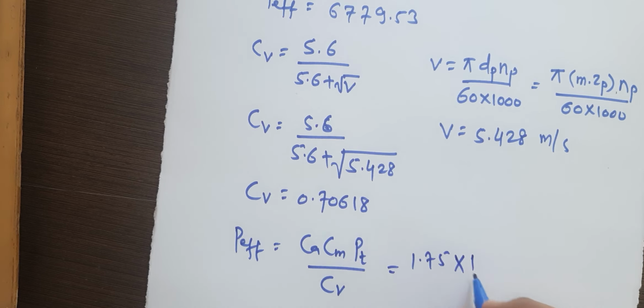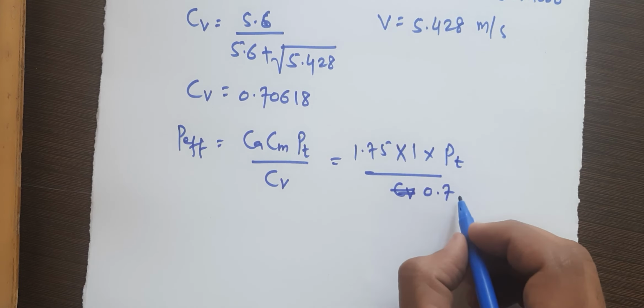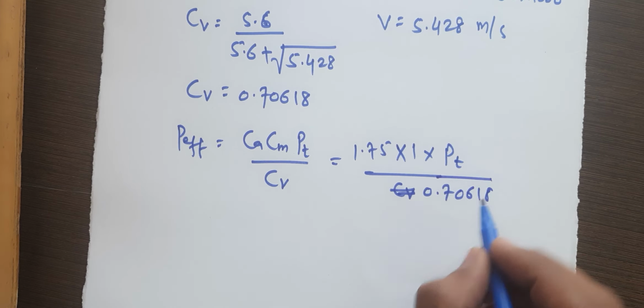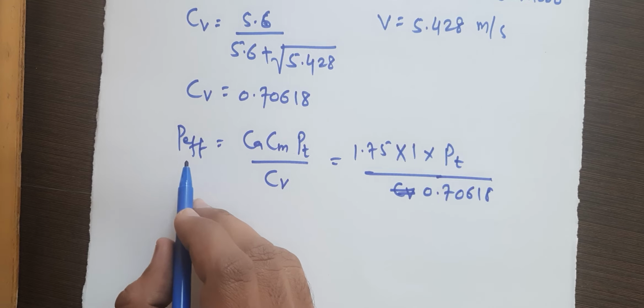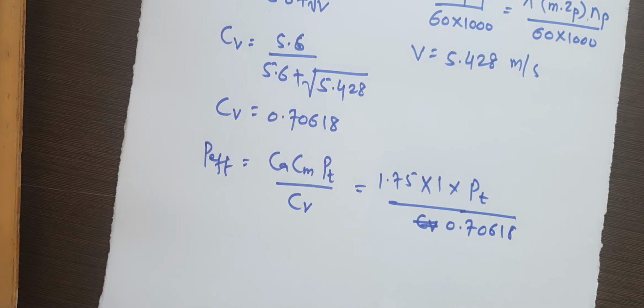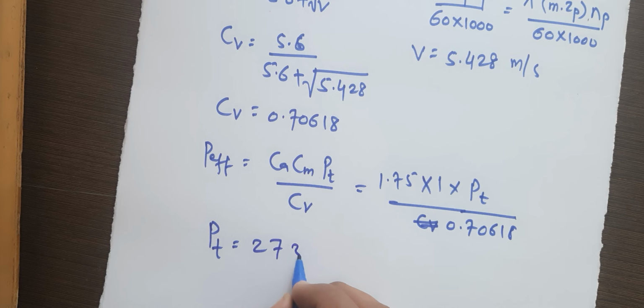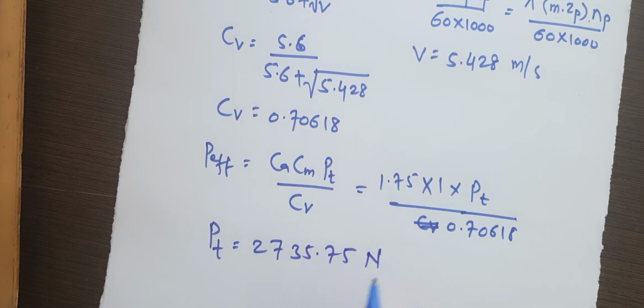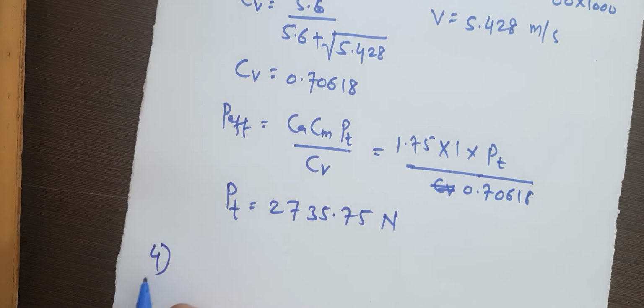CM is not given, so you can assume CM as 1, into PT divided by 0.70618. P effective we also have, 6779.53. So after calculation you will get PT as 27355.75 Newton.